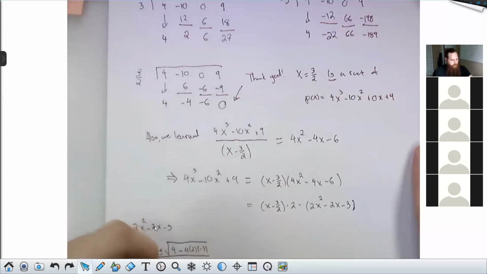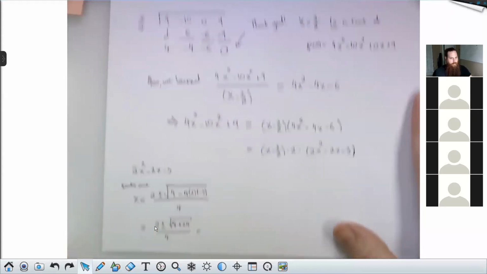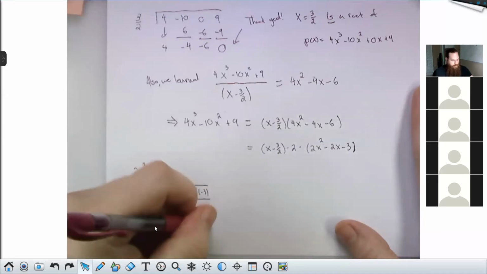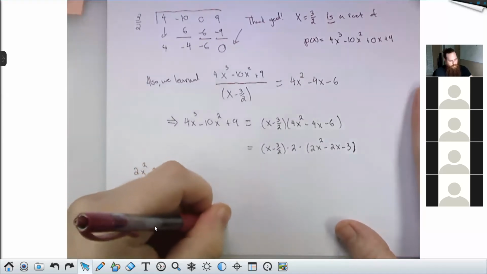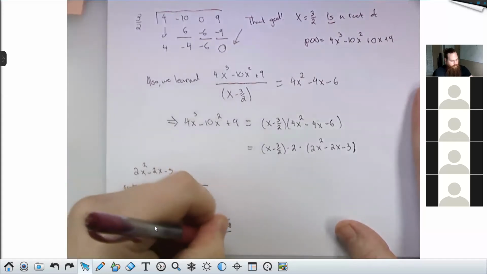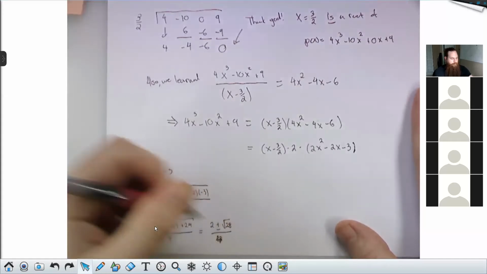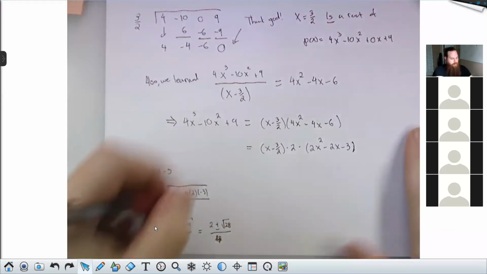So this will be 4 plus 24 all over 4, which is 2 plus or minus the square root of 28 over 4. So this guy has 2 roots.